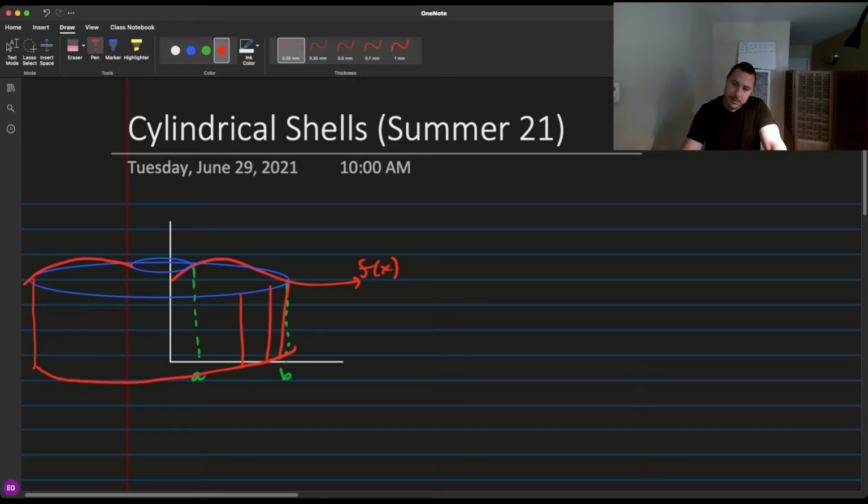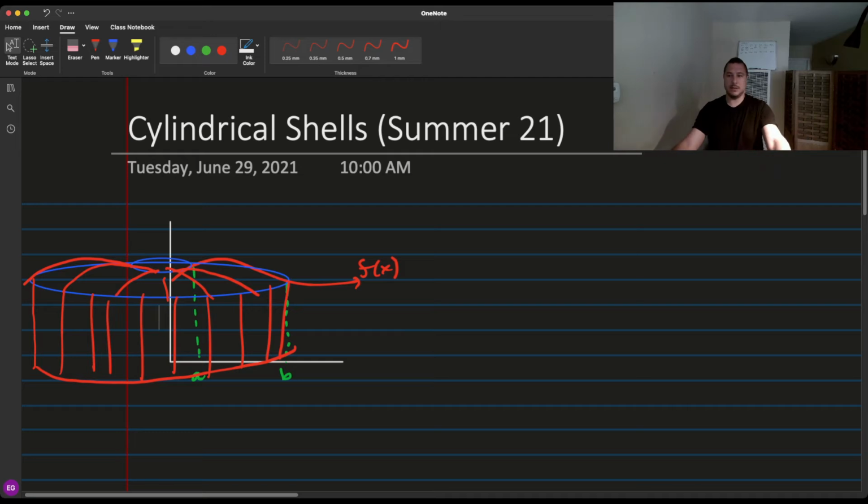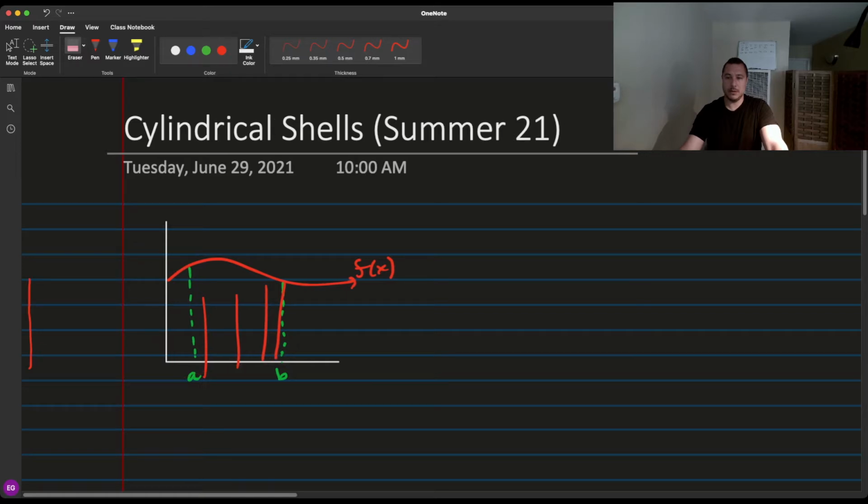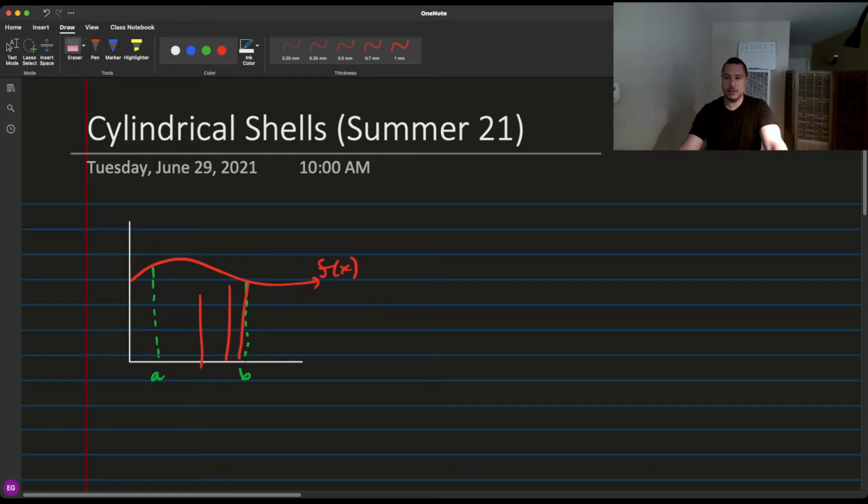Okay, so this has been revolved around like so, and then the top looks something like this. So you're revolving around the y-axis. Now, let me explain how this is going to work.